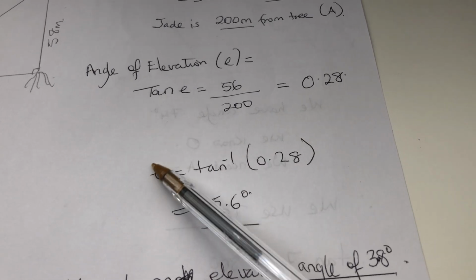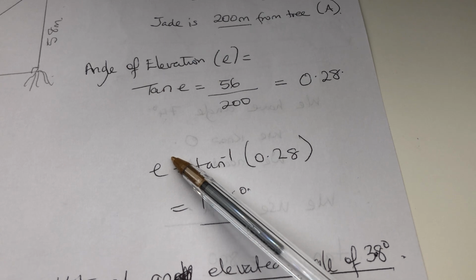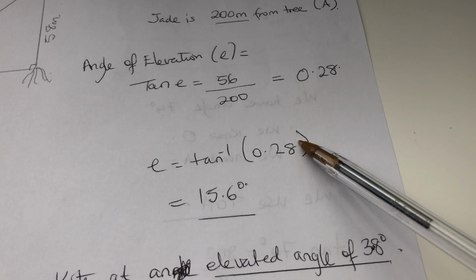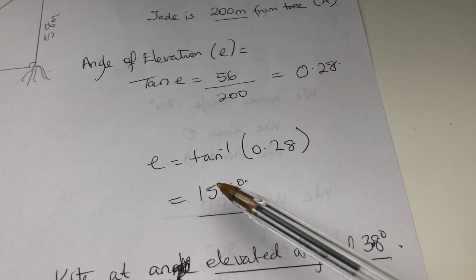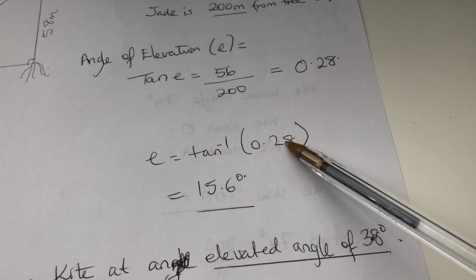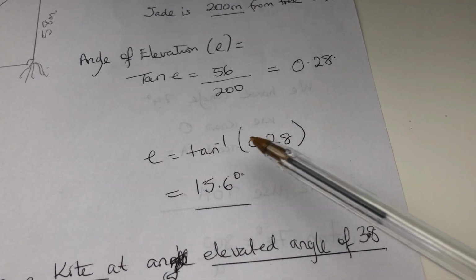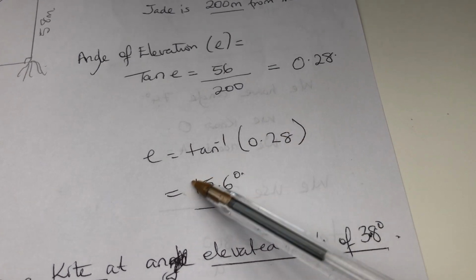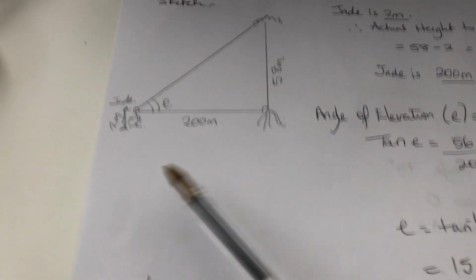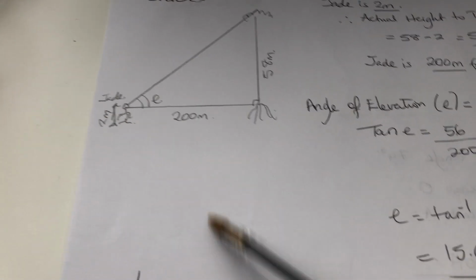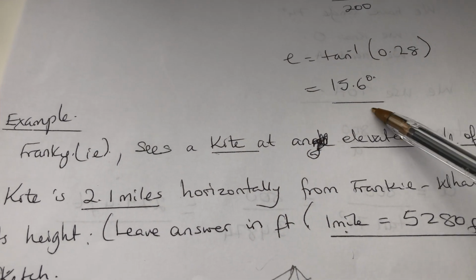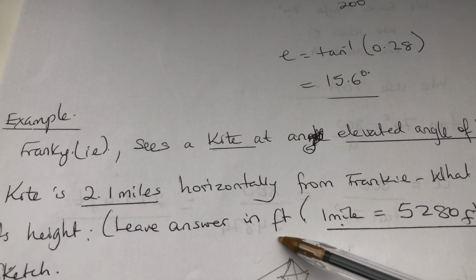So E, the angle of elevation, is tan inverse of 0.28. On your calculator, put in 0.28, press your second function to get tan inverse, and you should get an angle of 15.6. So this angle here is 15.6. That will be the next example then.